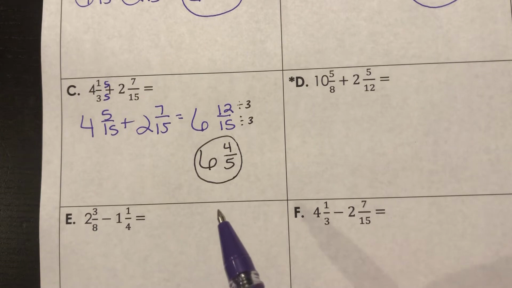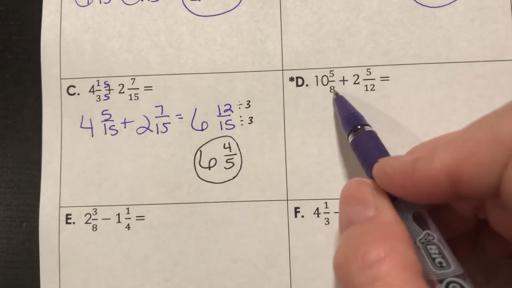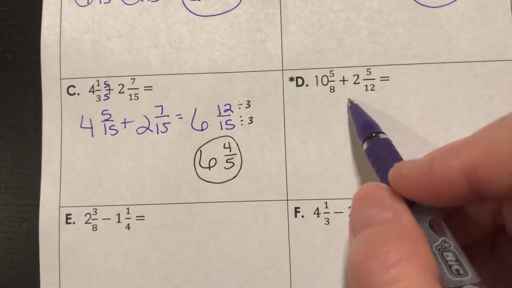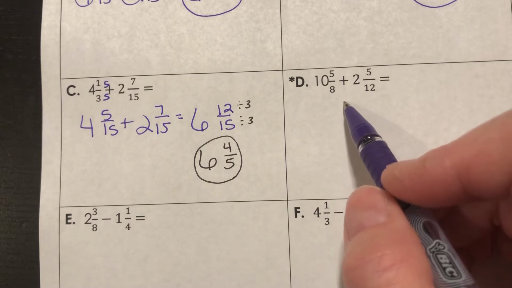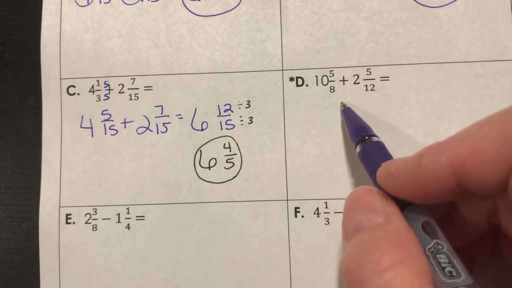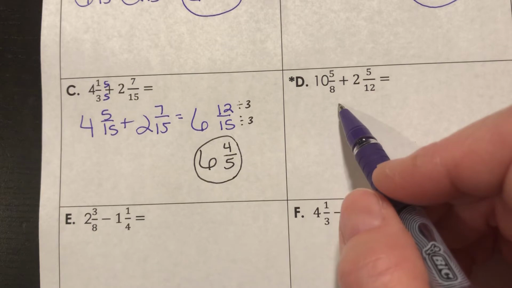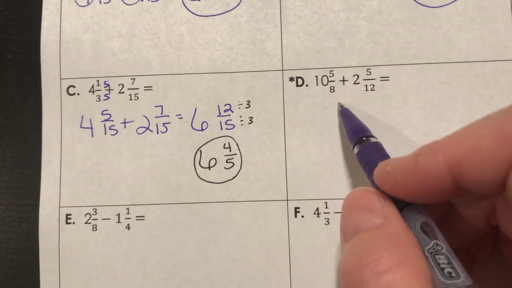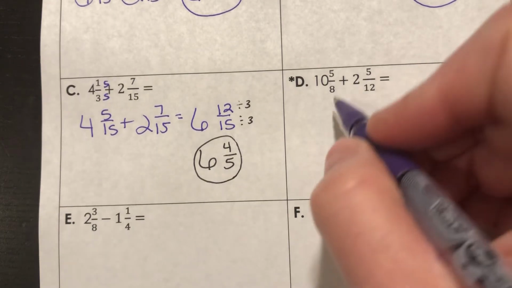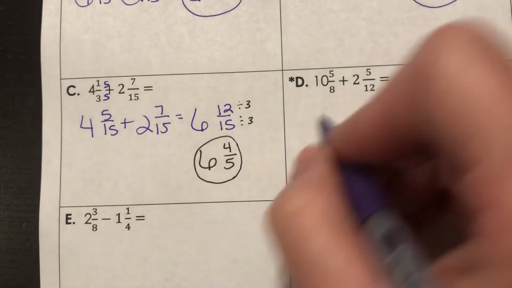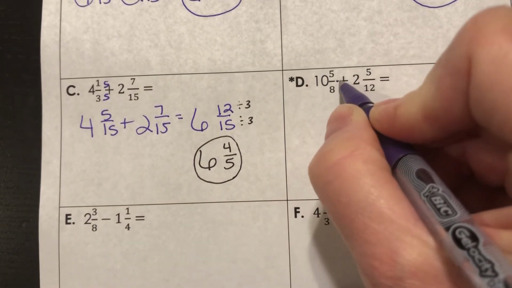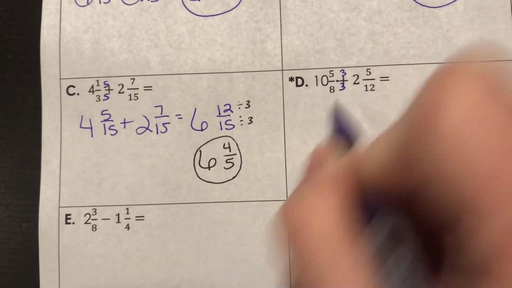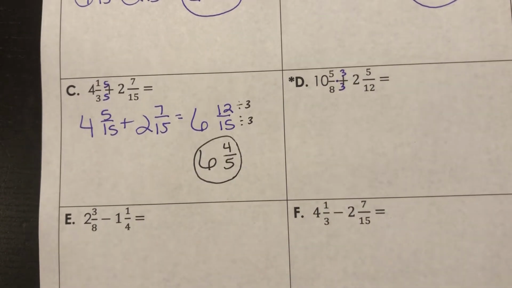I told you in class you can, but 8 and 12, the first multiple that they would have in common is actually 24. So we could be working with some much lower numbers and get our answer closer to simplest form in the end if we choose 24 instead. So I would multiply the 5 and 8 by 3 over 3 to get 24 as the denominator.